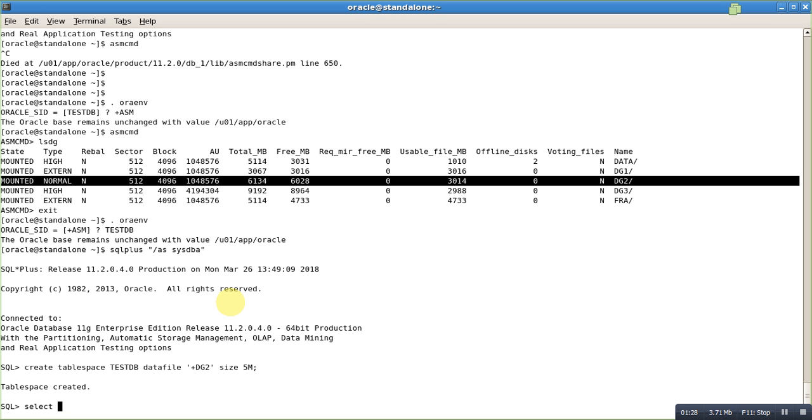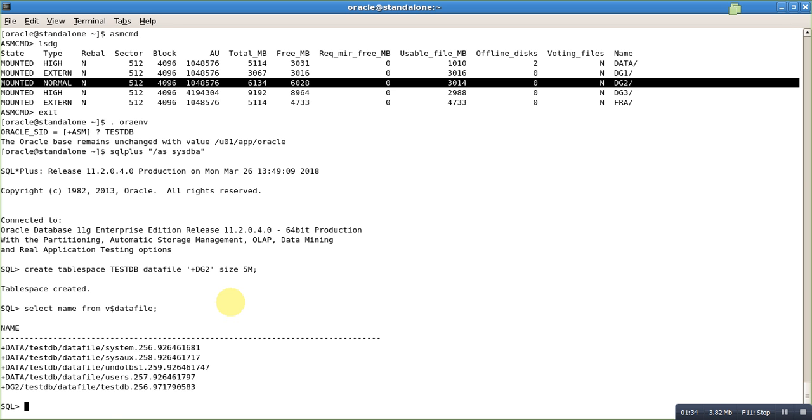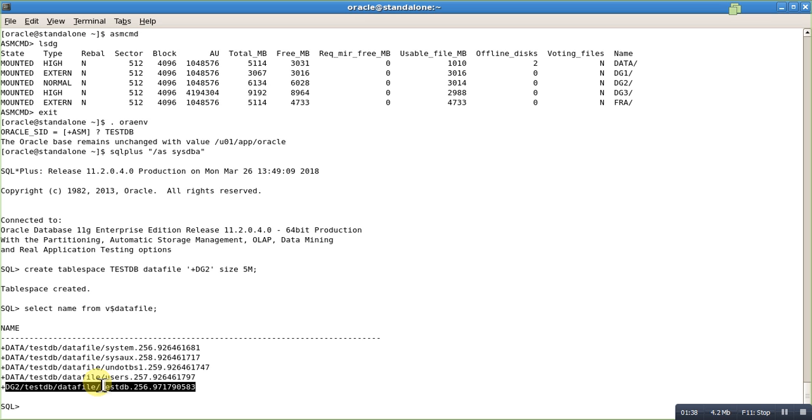Now let me see the data file name. Yeah, this is a new data file which got created in disk group DG2.